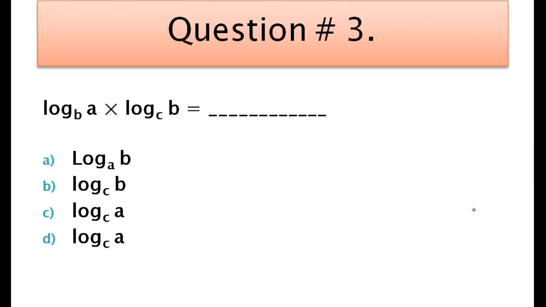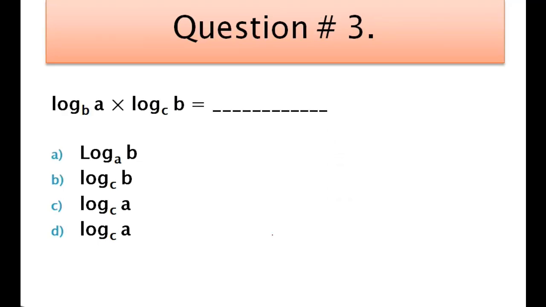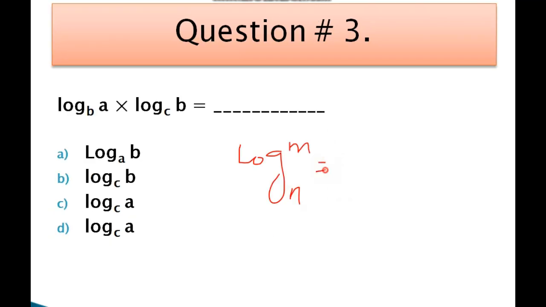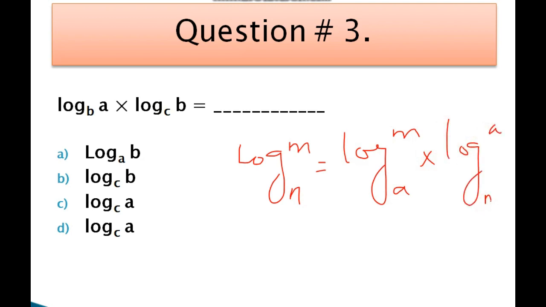This question number 3 is related to fourth law of logarithm that states when log m to the base a multiply log a to the base n. We have to start from that m, okay, then it is break at a and again ends at n.